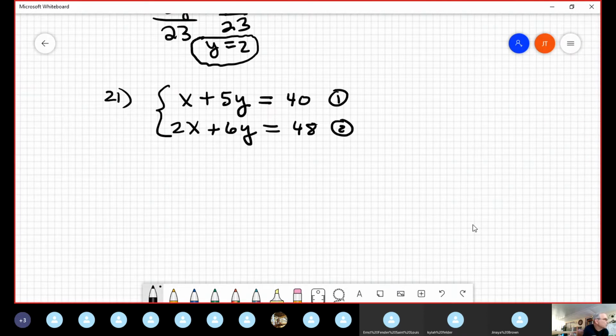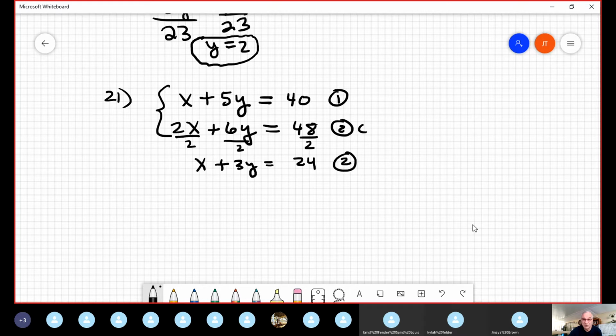I can see that in equation 2, every coefficient is an even number. So you can simplify a little bit. If you divide by 2, by 2, and by 2, this is x plus 3y equal 24. And this equation 2 is equivalent to this equation. It's the same equation. When you multiply or divide the entire equation by a number, you get another equation that is equivalent to the original equation, and this is easier.